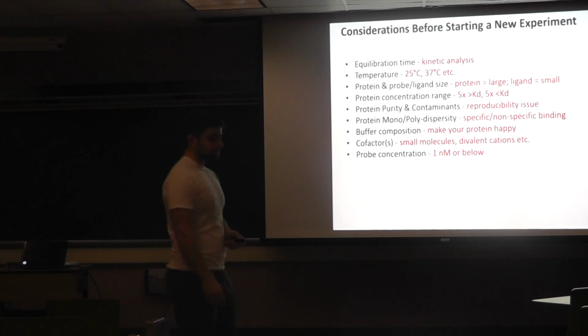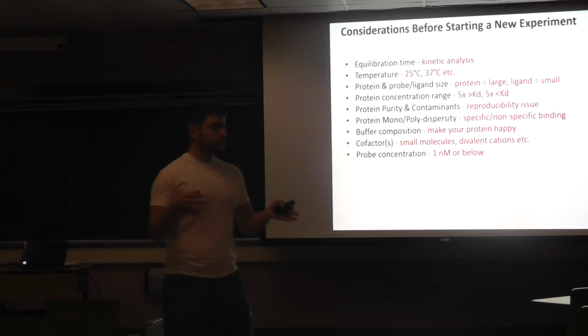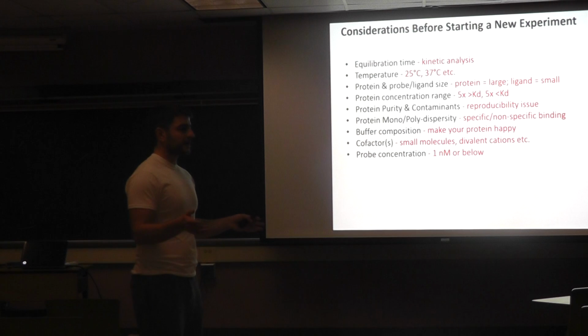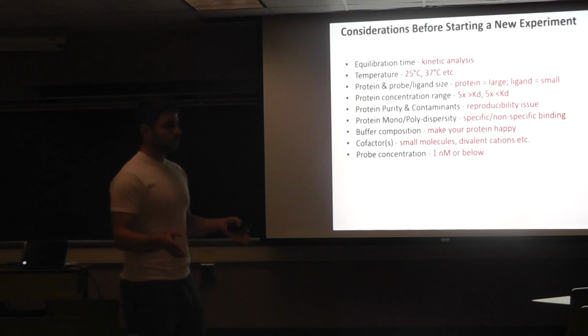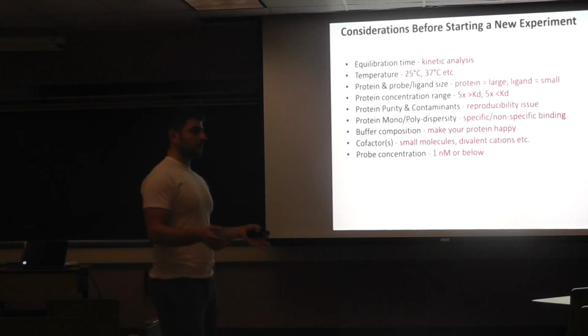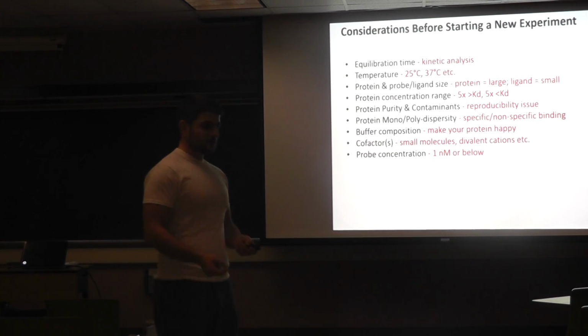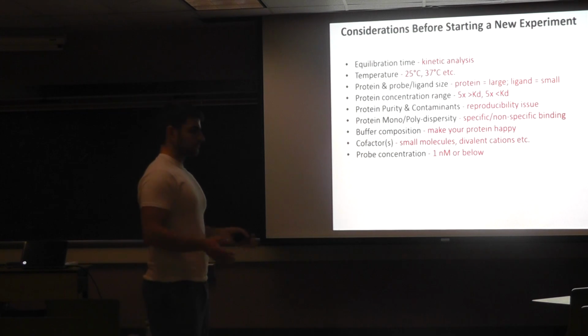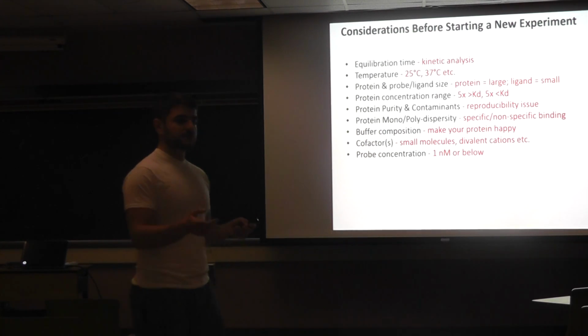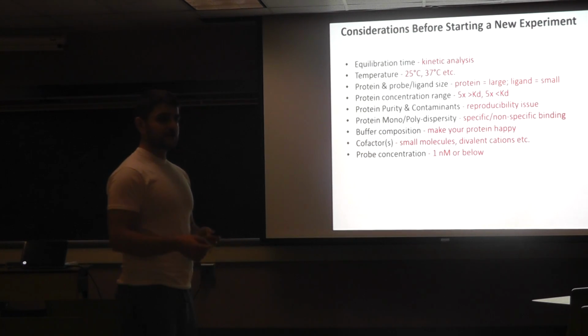Probe concentration. Normally people choose 1 nanomolar, okay, and that is fine. But if you're thinking about doing a protein and RNA binding where the dissociation constant is going to be in the nanomolar range, now you need to be careful. Now why? The equation that you're going to use to fit your data doesn't have your complex in the equation.